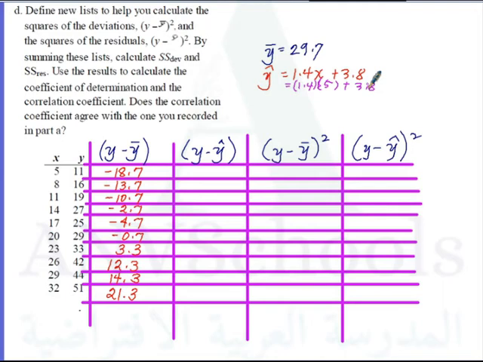Anyway, these are our summary for y minus y hat: we have 0.2, 1.0, negative 0.2, 3.6, negative 2.6, negative 2.8, negative 3.0, 1.8, negative 0.4, and 2.4.